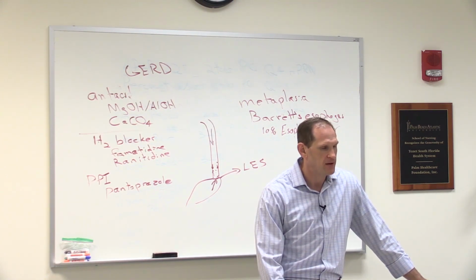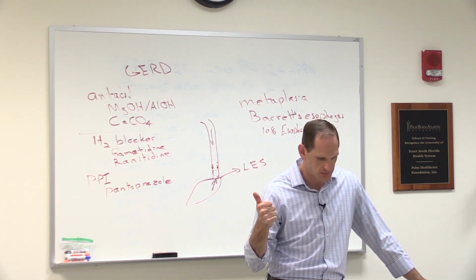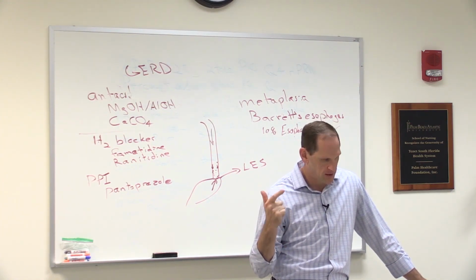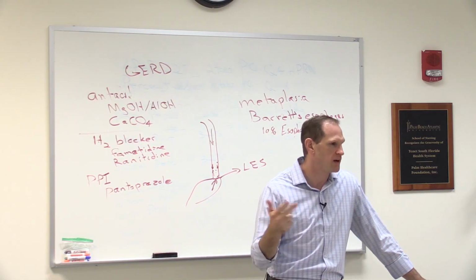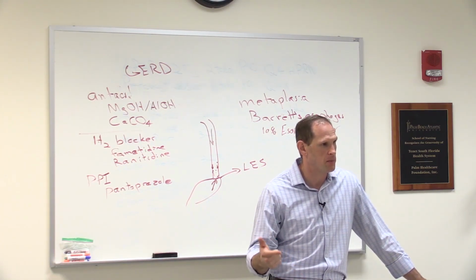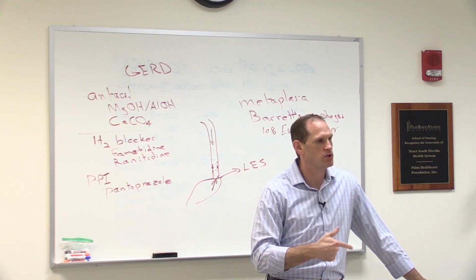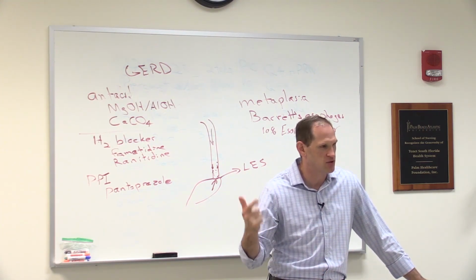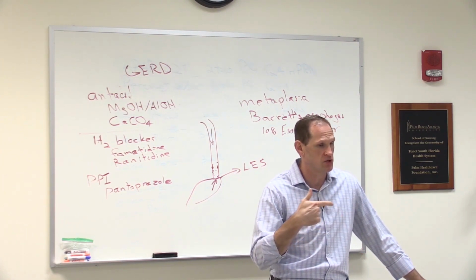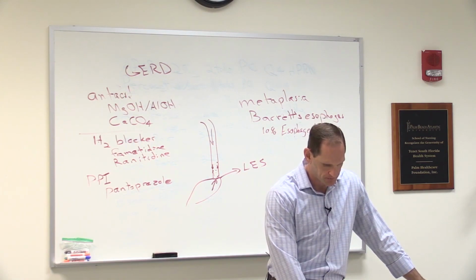So increased risk of fractures, increased risk of C. diff, community-acquired pneumonia, which we've already mentioned, vitamin B12 deficiency. So if you remember back to Pathopharm 1, in order to absorb B12, you had to have intrinsic factor being released, and PPIs inhibit the secretion of intrinsic factor.